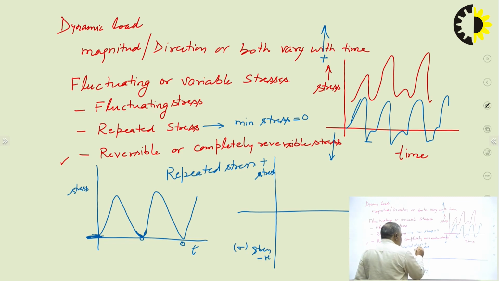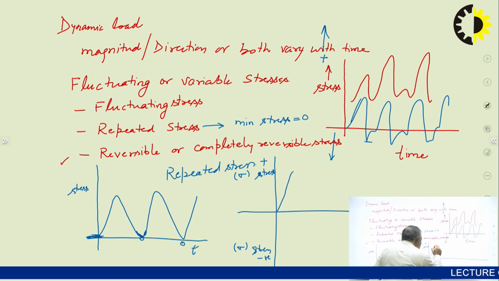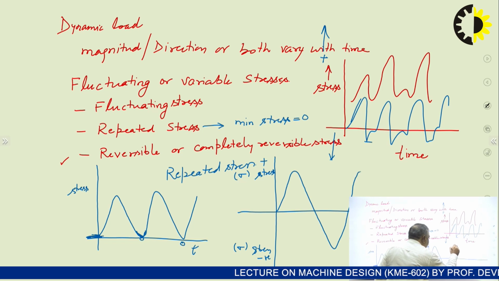Now I introduce the symbols. For normal stresses, we use sigma. For shear stresses, we use tau. So, there is maximum magnitude on the positive side and maximum magnitude on the other side.